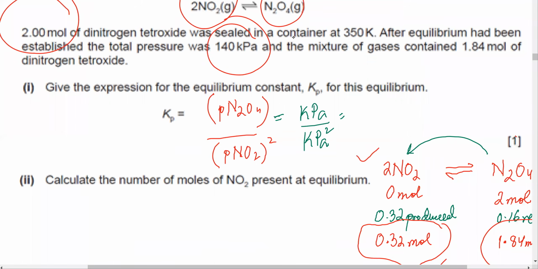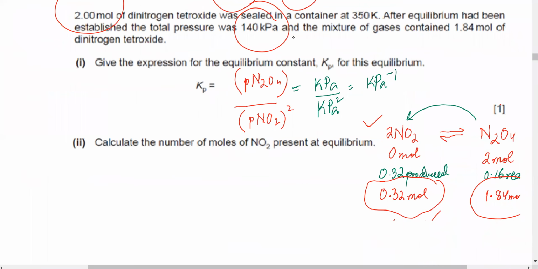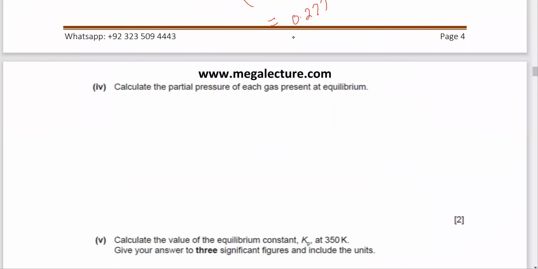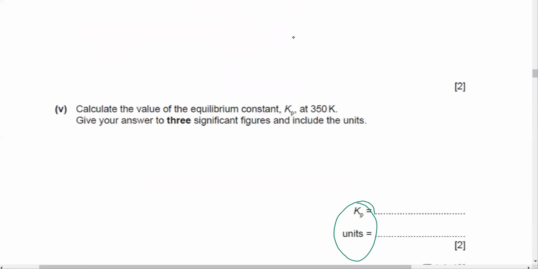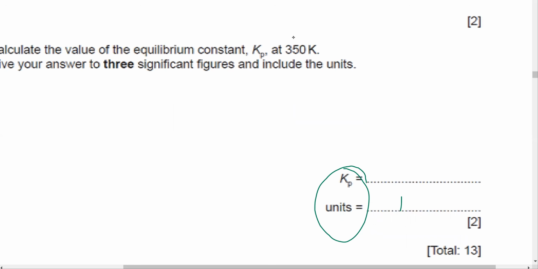So it's kilopascals to the power of -1. That's going to be our unit. So I'm going to add that unit over here. TK, it's going to be kilopascals to the power -1.